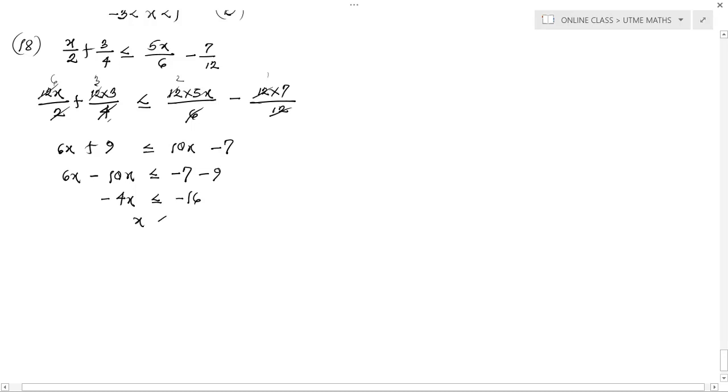So x is less than or equal to... this sign should change to greater than or equal to, because we are dividing by a negative. Then we have x is greater than or equal to positive 4. This is the final answer.